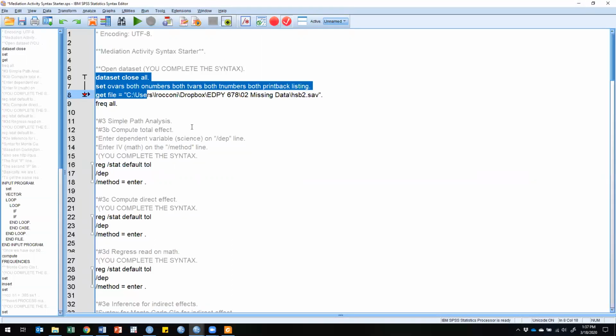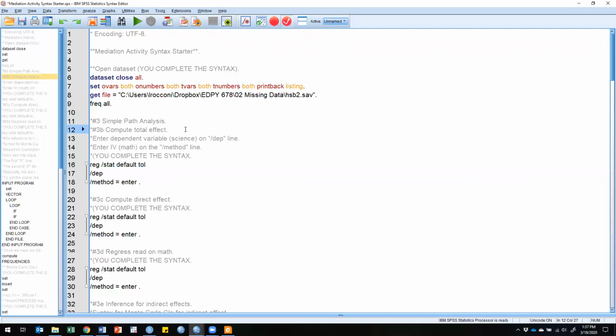And there we go, we got it opened up. Now we want to regress science achievement on math score. So we enter science in our dependent variable line, and enter our independent variable math on the slash method enter line here.